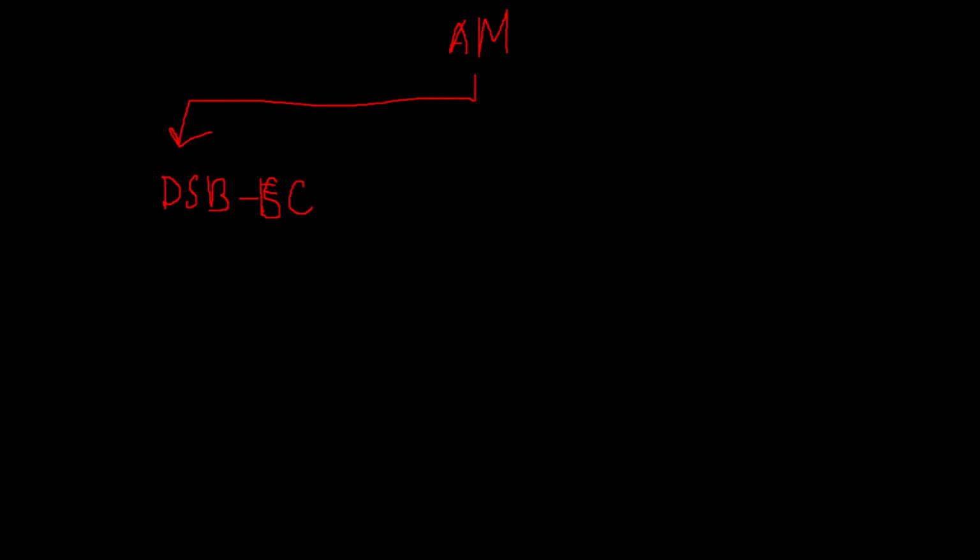Then we have single sideband suppressed carrier. Then we have the vestigial sideband. So these are the main three types that we are going to be studying over here.